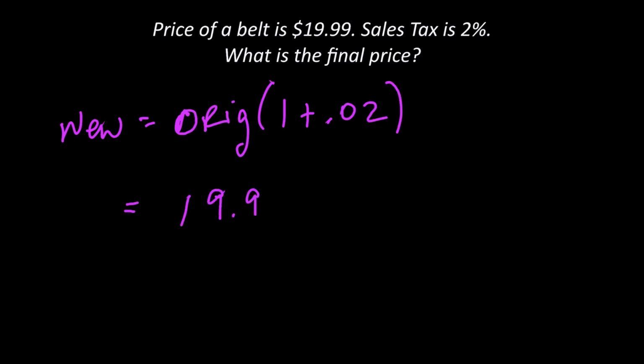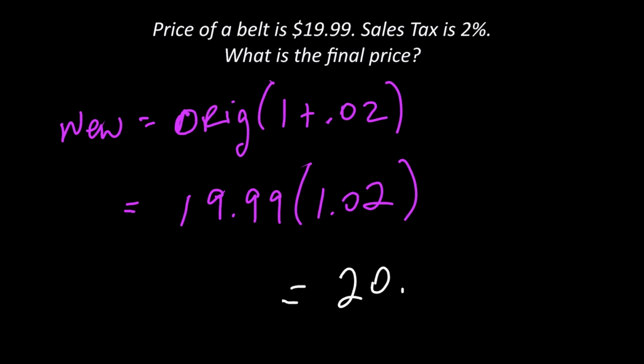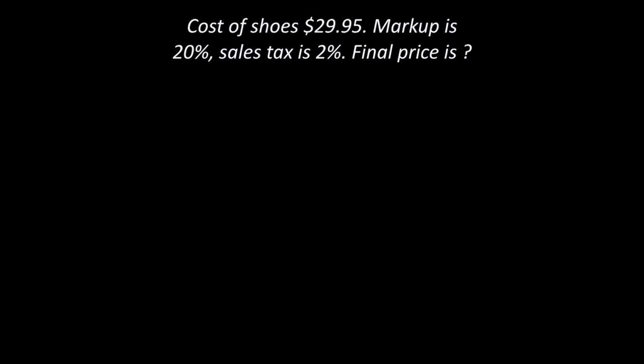So that's going to be $19.99 times 1.02, and our final answer is going to be $20.39. Again, makes total sense intuitively. You have an original price, you're adding a tax, the final price is going to be higher.